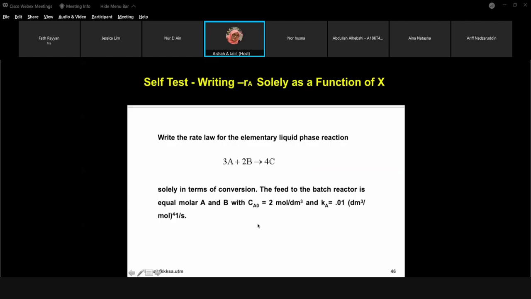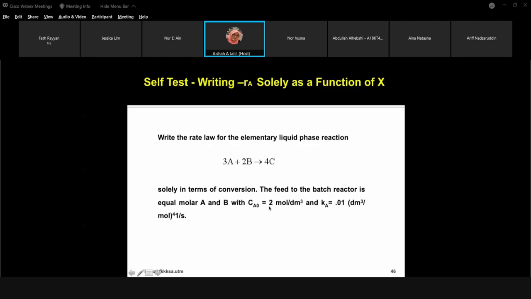Writing negative RA solely as a function of X. Write the rate law for the elementary liquid phase reaction, solely in terms of X. The feed to the batch reactor is equal molar A and B. This is an example sentence for the question, okay? The feed to the batch reactor is equal molar A and B with CA naught.